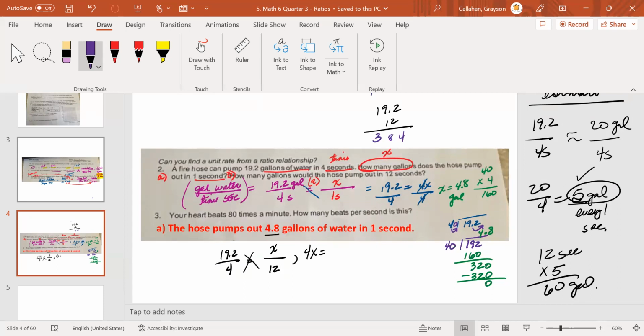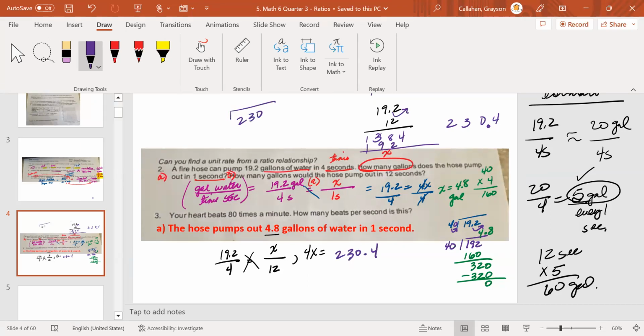When you add it, you should get 230.4, right? Now I have to divide that.